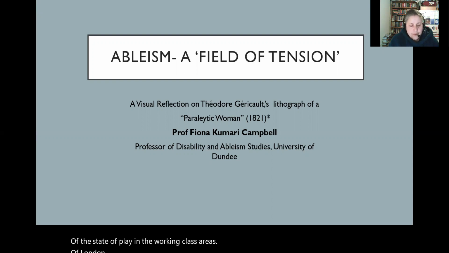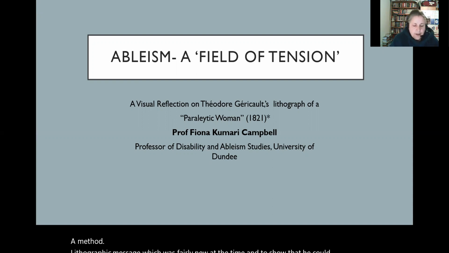What's really interesting is that he was attempting to try out a lithographic method, which was fairly new at the time, and to show that he could actually master that.